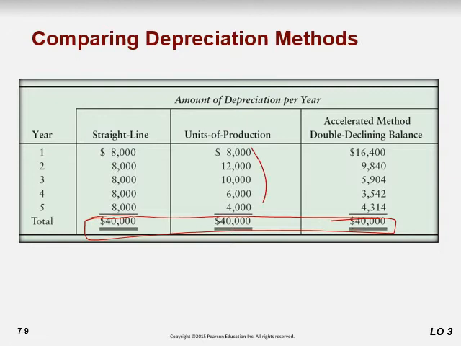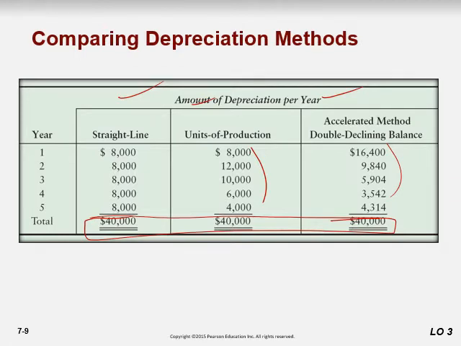But during the year, the amount of depreciation varies, right? And if you show this pattern to a layperson, he will say that nothing matters since you are learning accounting. And my answer would be, it does matter.